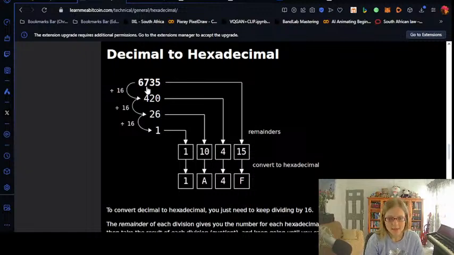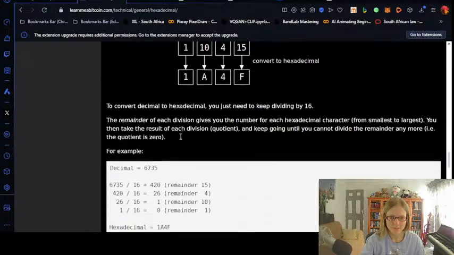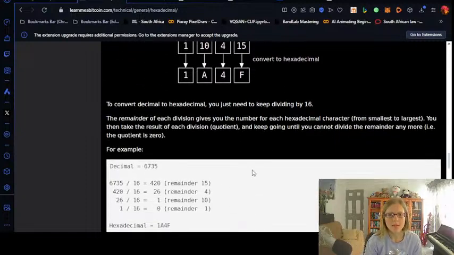6,735 in decimal is the same as 1A4F in hexadecimal. Right. To convert decimal to hexadecimal, you just need to keep dividing by 16. The remainder of each division gives you the number for each hexadecimal character, from smallest to largest.